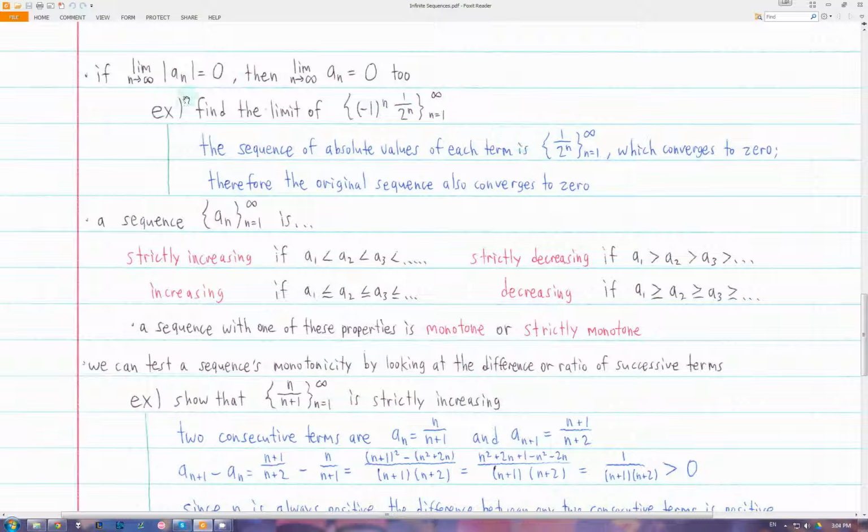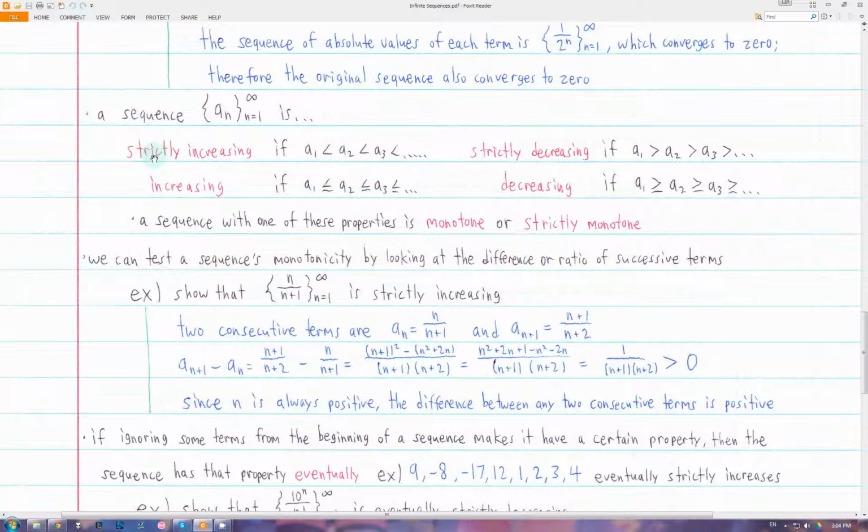So by this theorem, we can say that the limit of this as n approaches infinity is also 0. So the original sequence converges to 0 as well. Because even though the values oscillate between positive and negative, they are still approaching 0 from both sides.